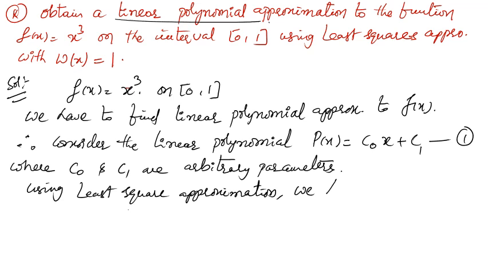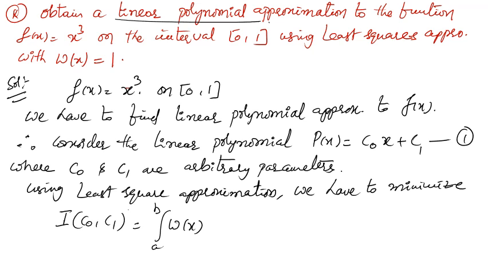We have to minimize I of c0 and c1, only two arbitrary constants, and the interval is a to b, w of x. And how to write this? Write the function f of x minus the approximate polynomial, whole square, dx.